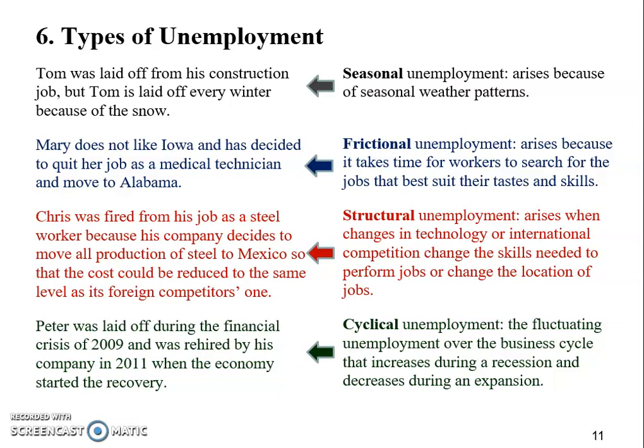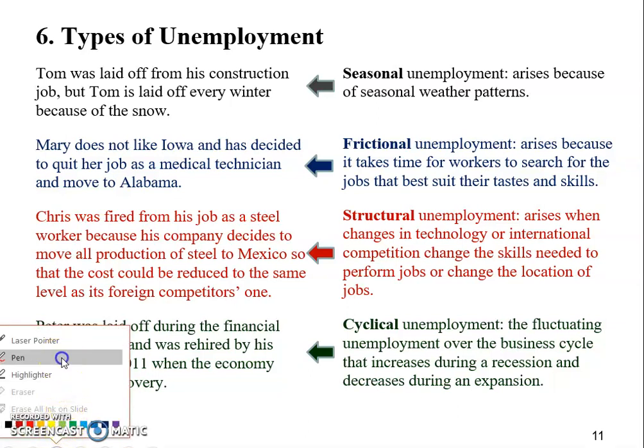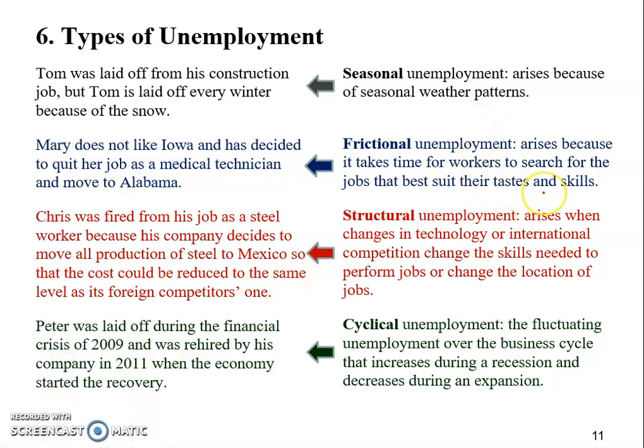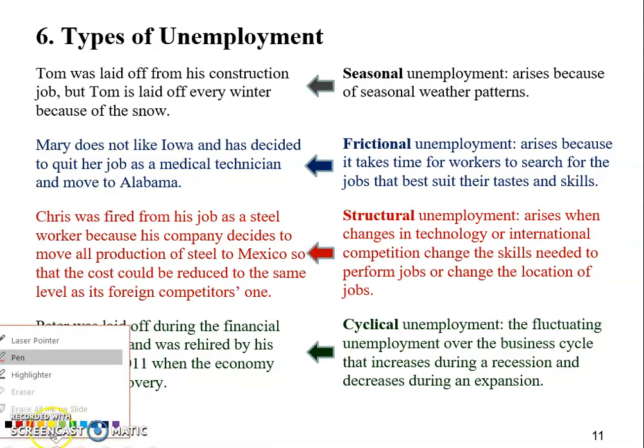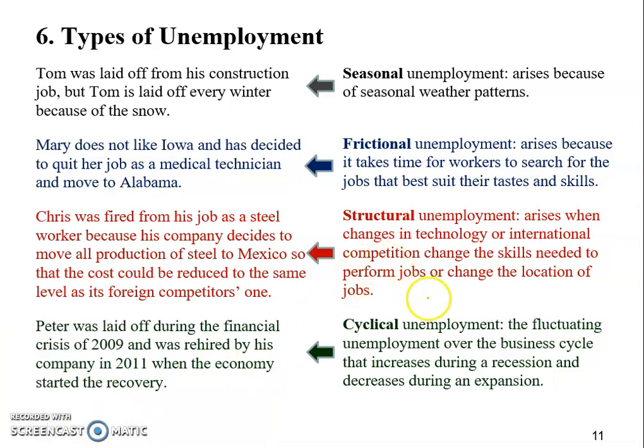So here we have four types of unemployment. And now I would suggest you pause the video and think about, among these four types, which ones are more important for a macroeconomist. Which one matters more for a macroeconomist?